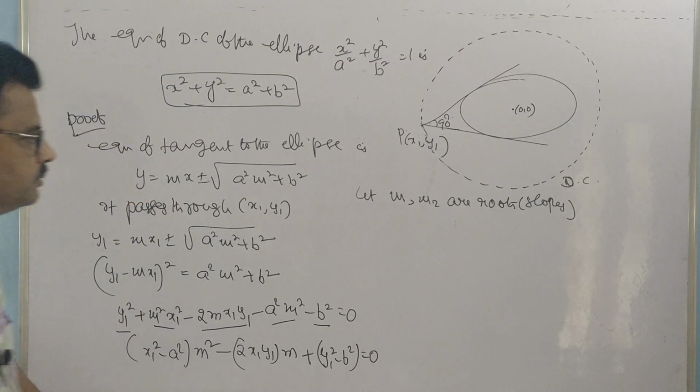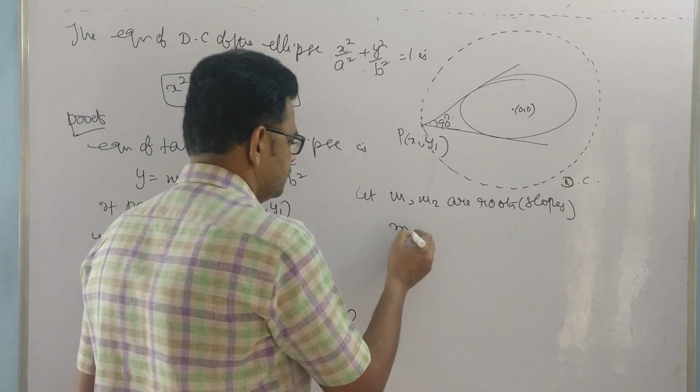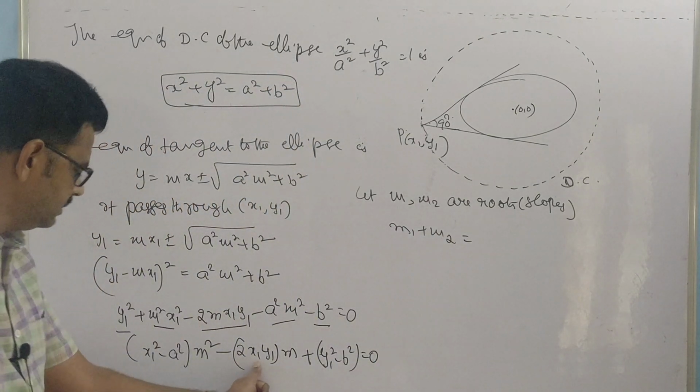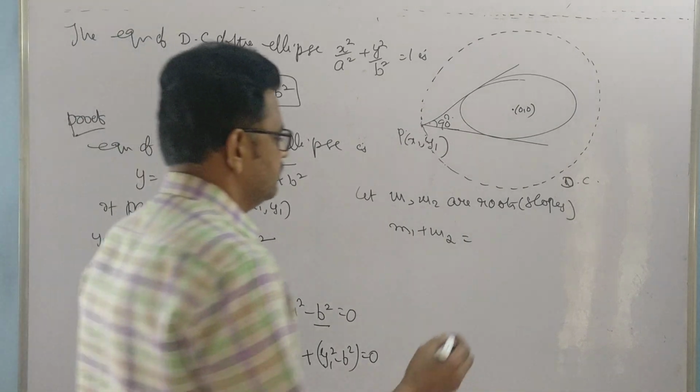What about m1 plus m2? Sum of the roots equal to minus b by a, which is 2x1 y1 by x1 square minus a square.